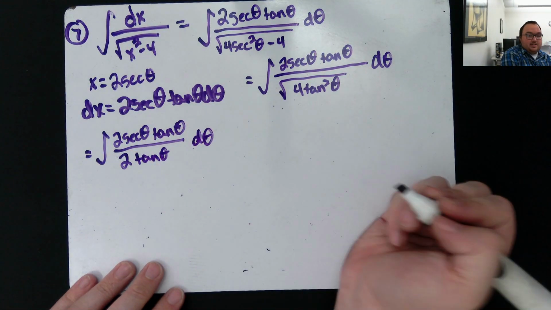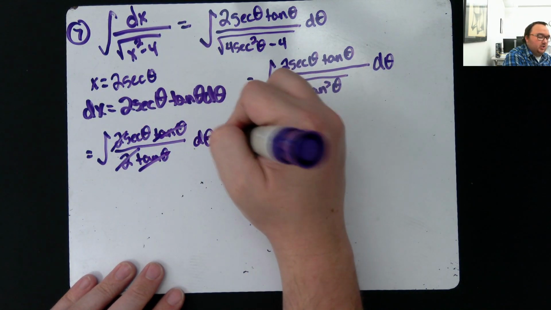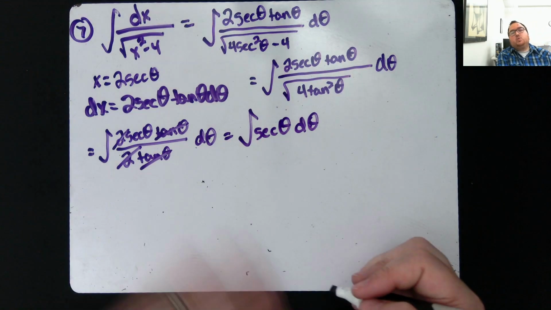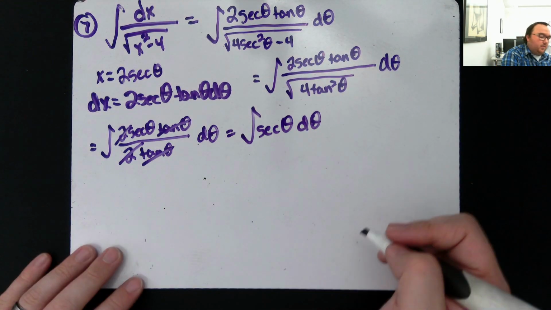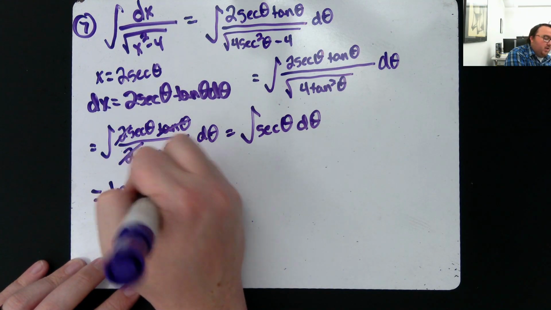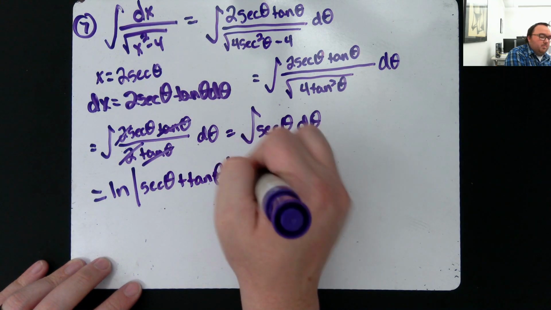Why is that really nice? Because the 2's cancel out, tangents cancel out. So this is just the integral of secant theta d theta, which we already know. We've done this a few times now. That's the natural log of the absolute value of secant theta plus tangent theta plus c.